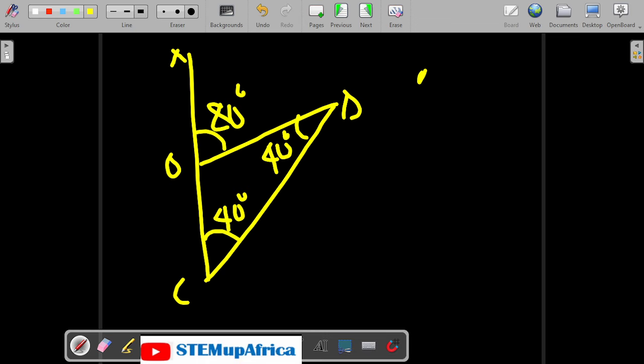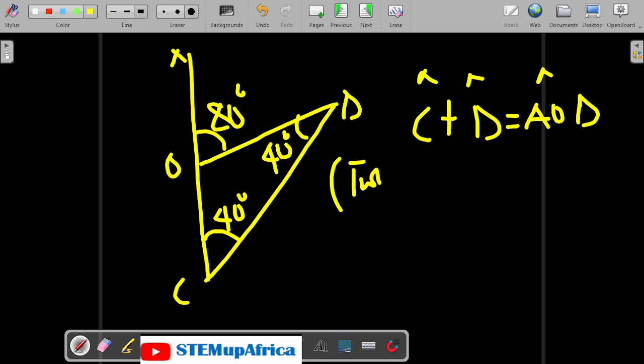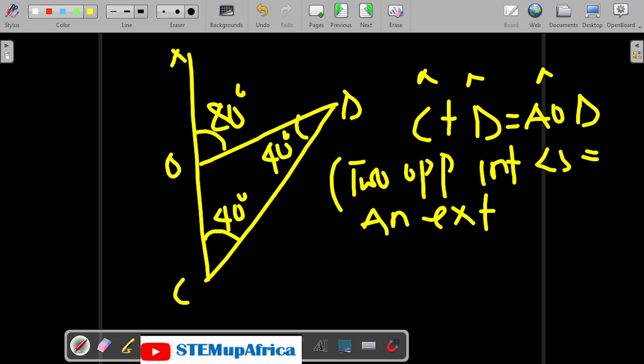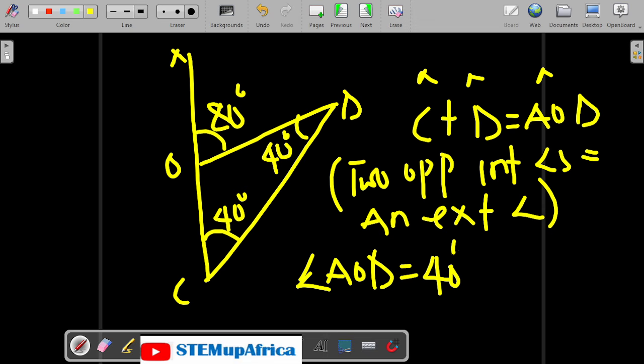So angle C plus angle D equals angle AOD. Reason: the sum of two opposite interior angles equals an exterior angle. So angle AOD is simply 40 degrees plus 40 degrees, which gives us 80 degrees.